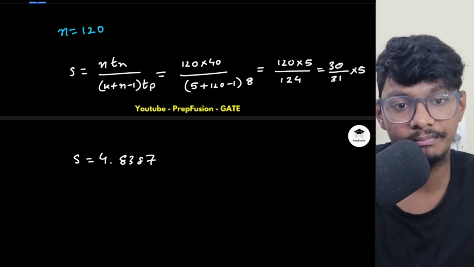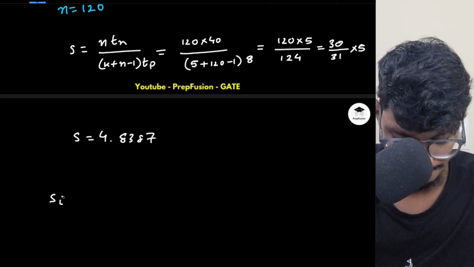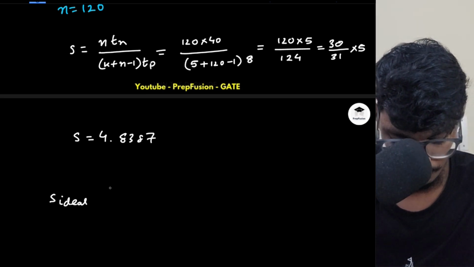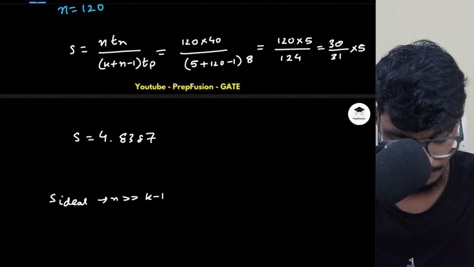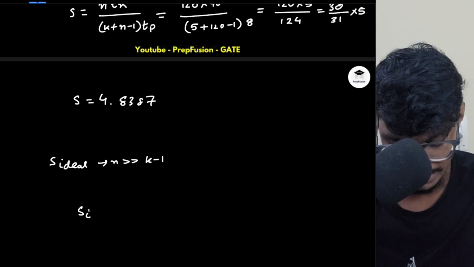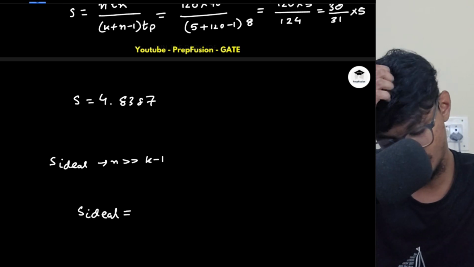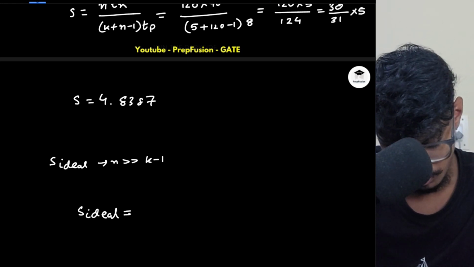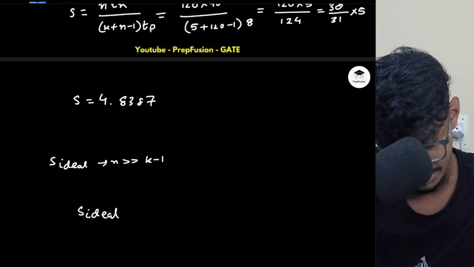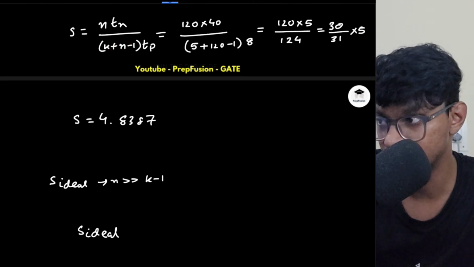And what is S ideal? S ideal is when my number of tasks is very, very high, when n is very much larger than k minus 1. In this case S ideal will be almost equal to Tn by Tp.